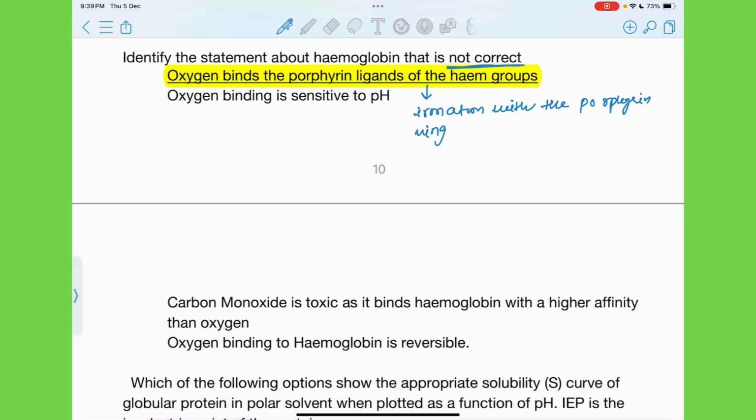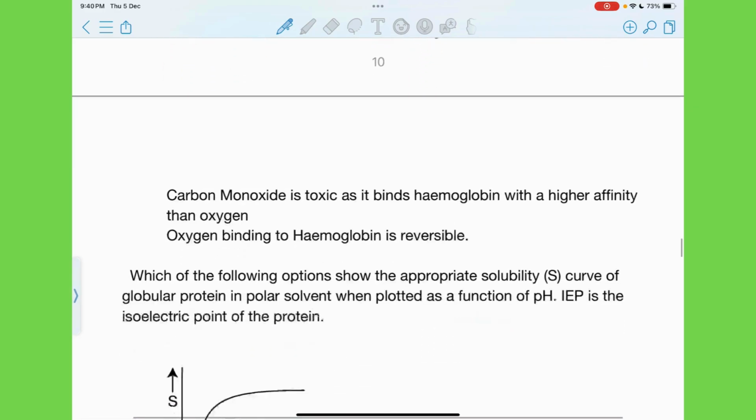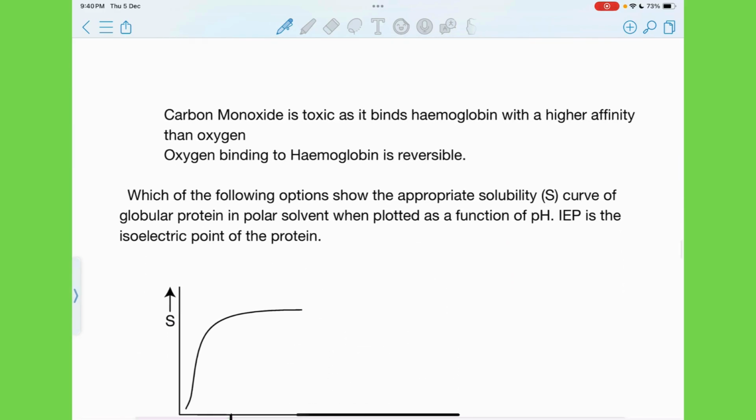Next option says oxygen binding is sensitive to pH. Yes, this is what we know as the Bohr effect, where hemoglobin's oxygen binding affinity decreases at a lower pH. Next is carbon monoxide is toxic as it binds hemoglobin with a higher affinity than oxygen.